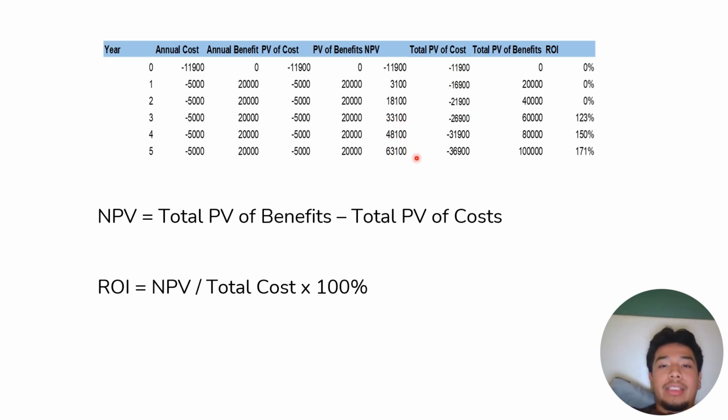Then same thing for these last 3 years. Our total cost is going to be everything added up. So all of these numbers are added up, and this is our final number. Well, year 5 is going to be 36,900. Our total benefit is going to be all the benefits added up. So throughout the years, so 20,000, 40,000, 60,000, 80,000, then 100,000.